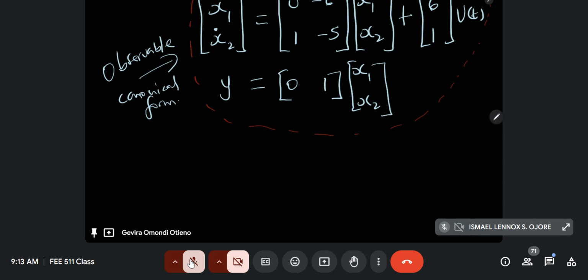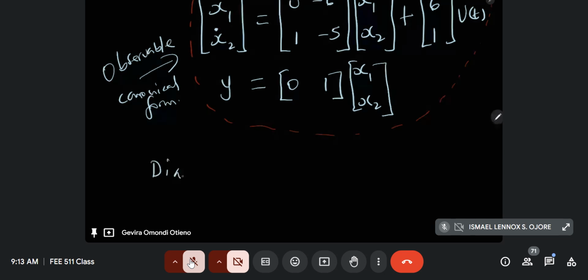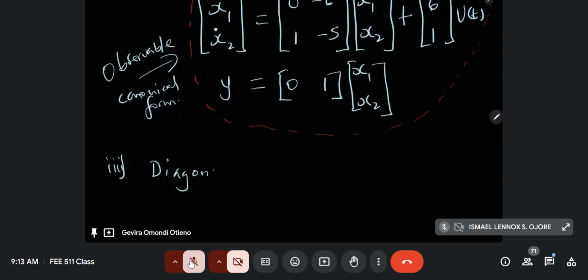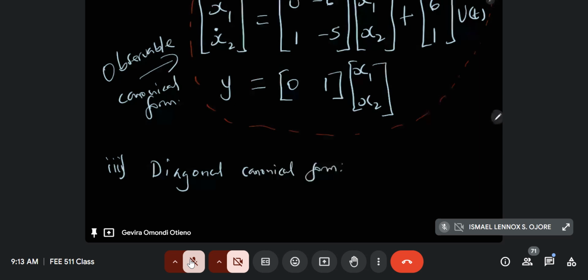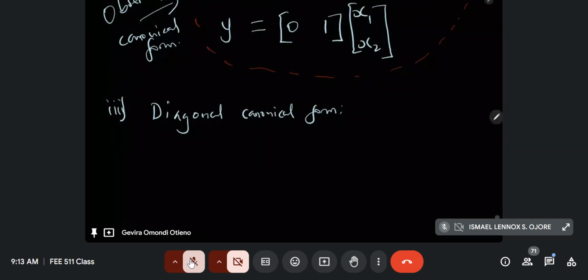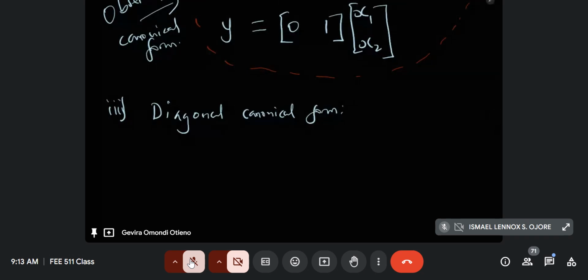Again, pay attention. This is now number 3. The diagonal canonical form. Remember, all these are just forms of writing state space representation. Now, in diagonal canonical form, the procedure is a little different. Okay?